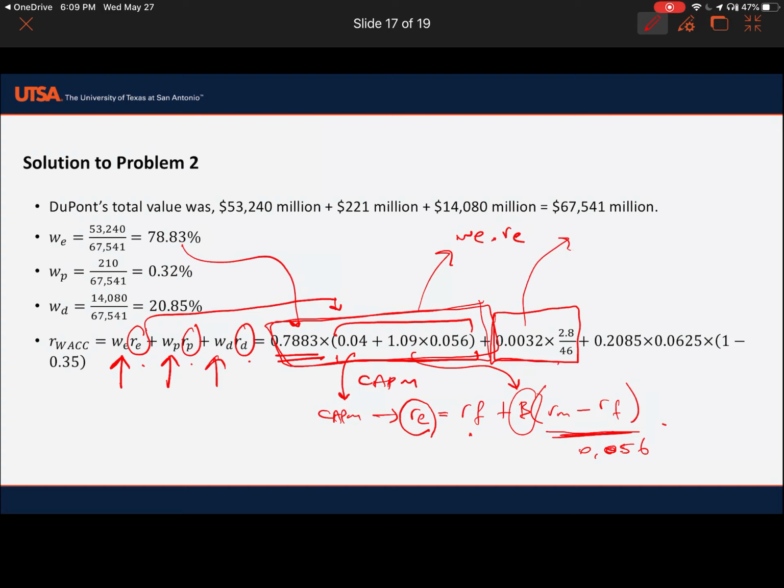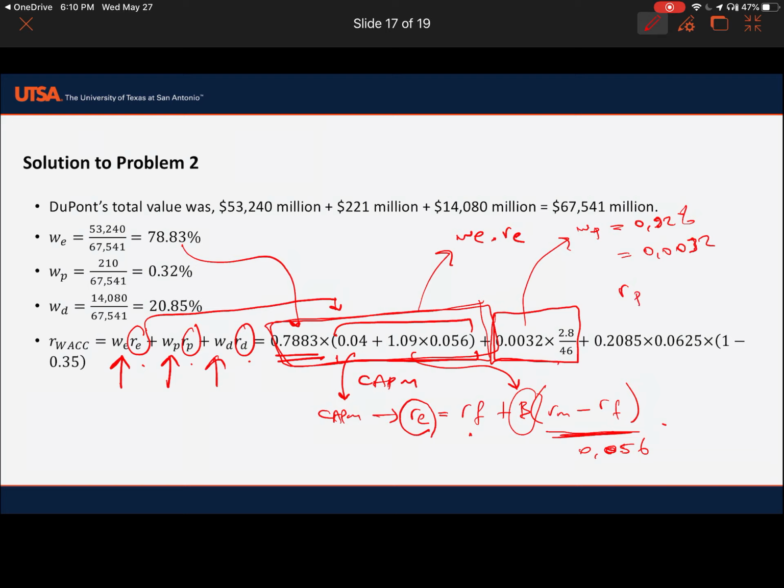So what is the weight of preferred equity? It is 0.32%, which is 0.0032.